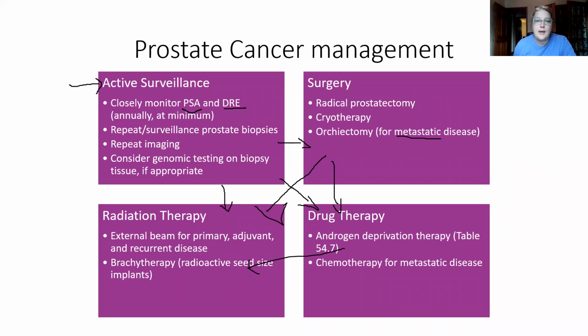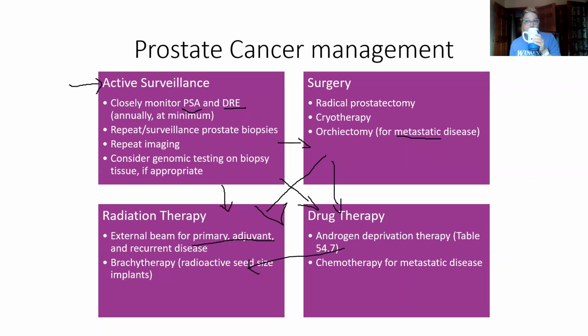For radiation therapy, you can use external beam for primary, recurrent or adjuvant disease. You can also use brachytherapy, which are little radioactive seeds about the size of flax seeds, or maybe, for those of you who are health conscious, chia seeds that you add to different things. They're that small, and they're full of radioactive isotopes.